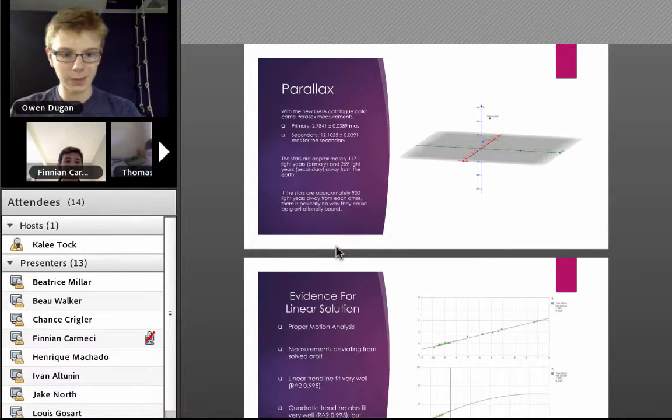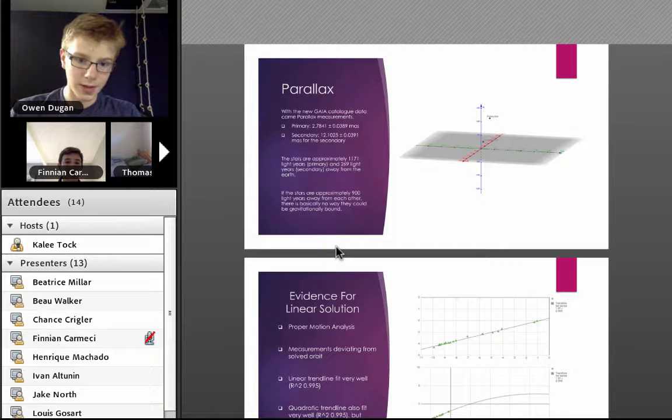Now I'm going to talk about parallax. Our two stars had distances from Earth of approximately 11,171 light years and 269 light years, respectively, as measured by Gaia.